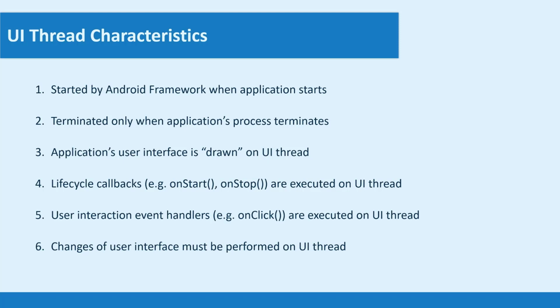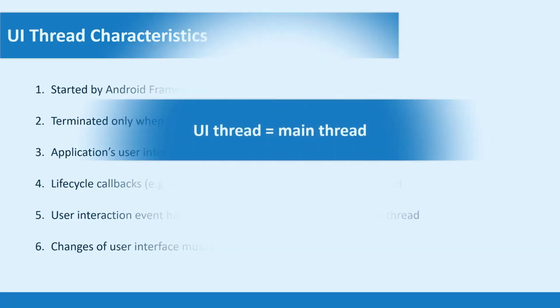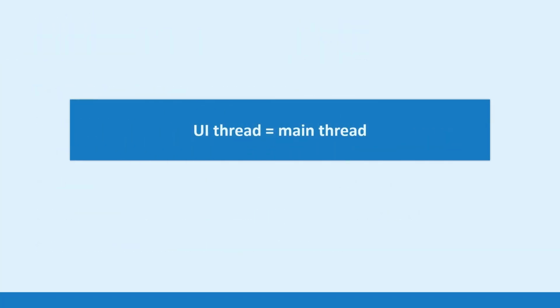There are two alternative names for UI thread. It's either UI thread or sometimes it's also called main thread. And to be absolutely rigorous, I must tell you that UI thread and main thread are not necessarily the same thread. There are situations when these threads will be different. However, this distinction is irrelevant to Android application developers, and for all practical purposes, UI thread and main thread are the same thing.